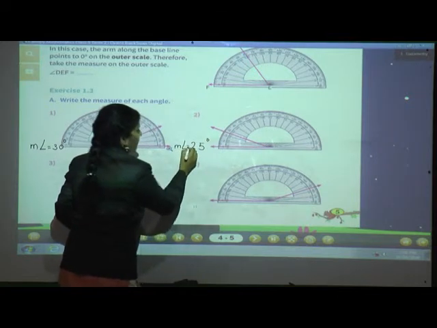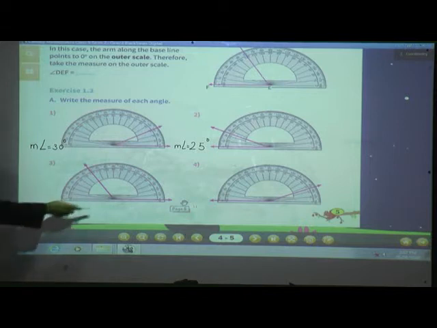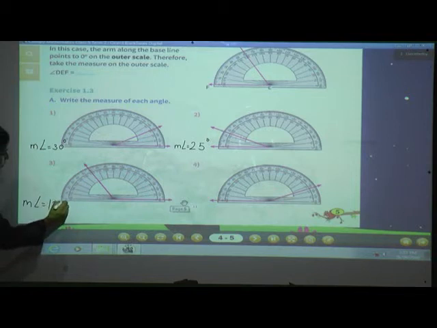Now third one, in the third figure the arrow is on the right side, so we have to measure it by inner scale. The arrow is on 120, so the measure of the angle is 120 degree.